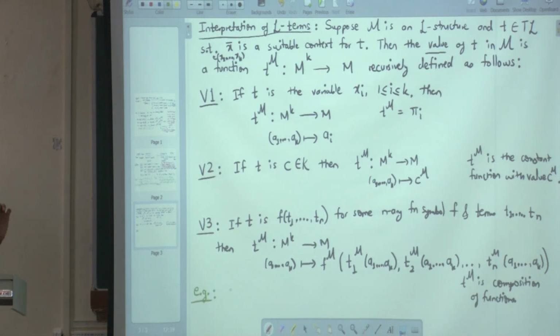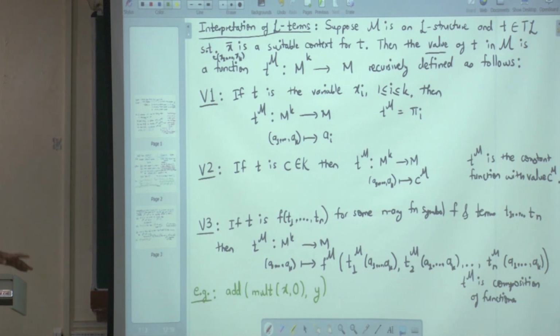I'm going to write down the things which you probably understand better. Add of mult of x comma 0 comma y. This is given. You understand this? Add is addition, mult is multiplication, 0 is the 0 symbol, in, I can say, R plus dot minus 0, 1, in this particular structure.